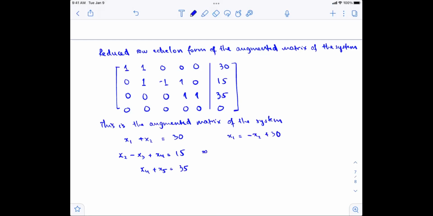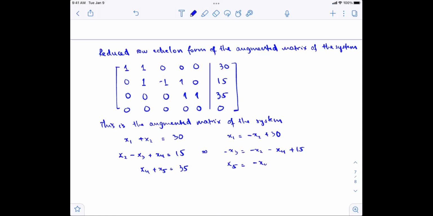And x3 is in terms of x2 and x4. Right. So negative x3 equal to negative x2 minus x4 plus 15. And x5 is also in terms of x4.